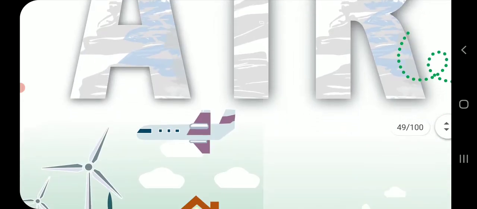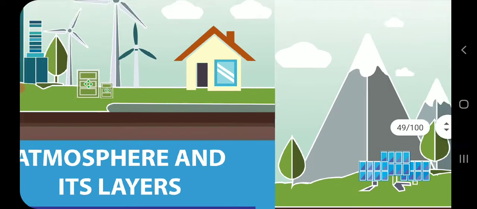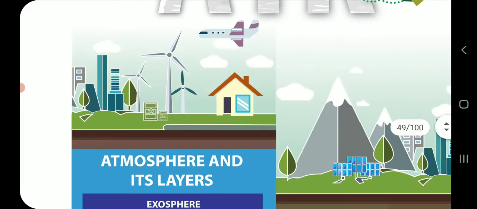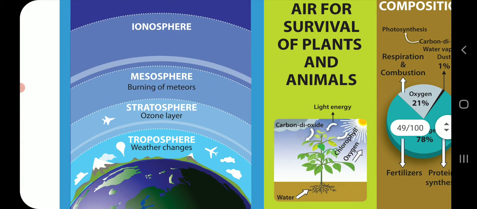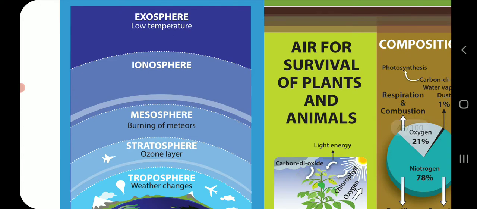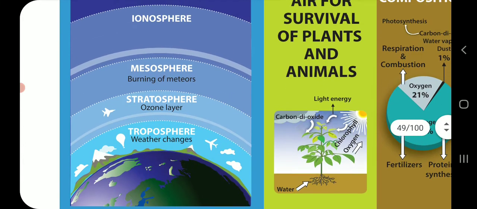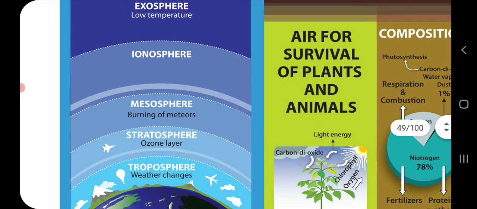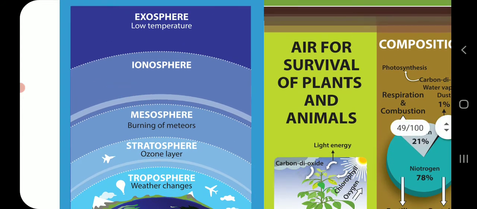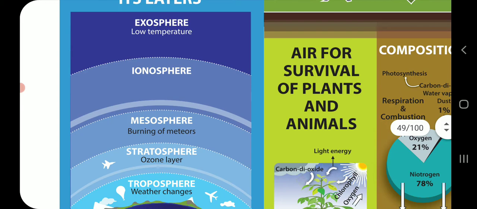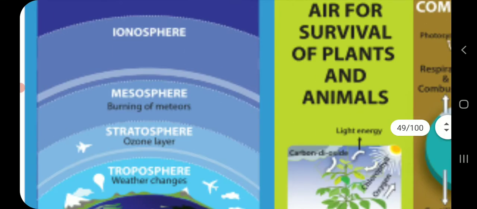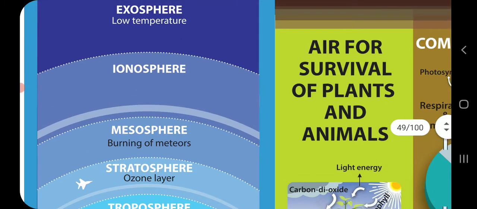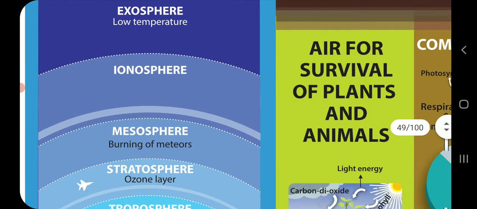Okay, now in the same manner, where are we making use of air? First of all, we should know the layers surrounding the Earth. This is the Earth, and it is covered by five layers: troposphere, stratosphere, mesosphere, ionosphere and exosphere.